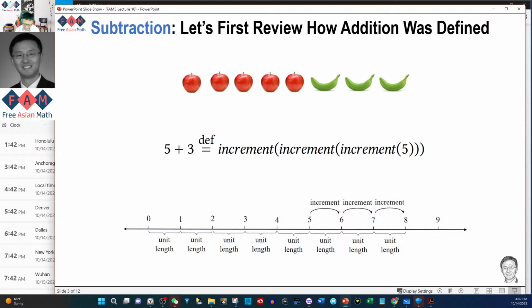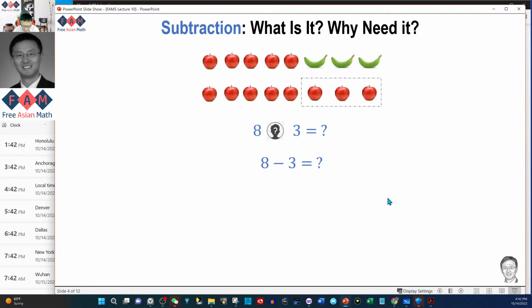If that's the case, what is exactly this 8 minus 3 thing should be? We're essentially subtracting or removing 3 apples from the 8 apples. What do we expect to get? Must be something here, right?